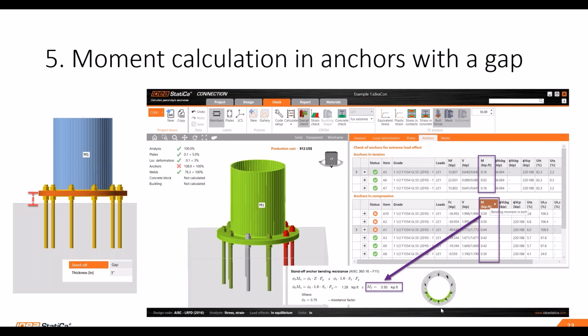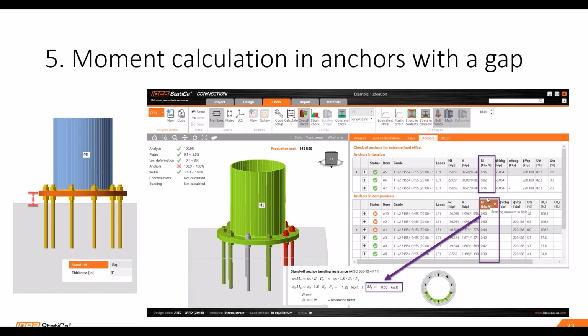The value is calculated directly by the finite element model, and the anchor is modeled as a beam element. That beam element, with this height, is considering the stiffness of the full system, so we can have more accurate results when we're calculating the moments.